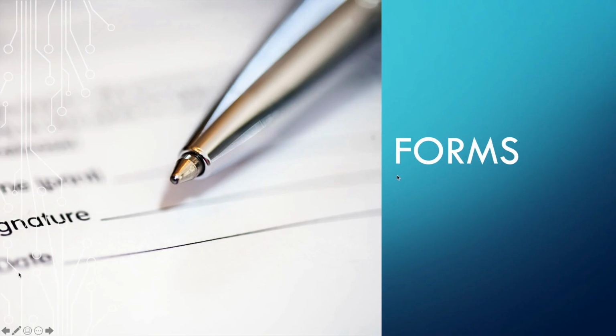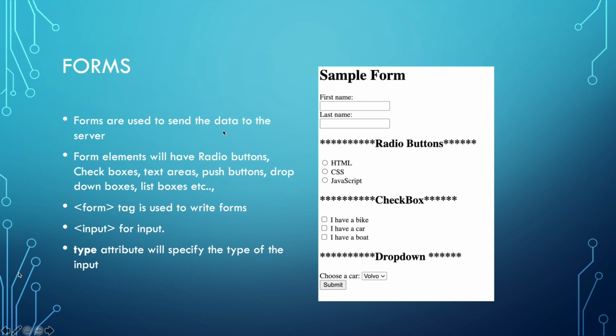About forms. Forms are very important, and forms are used to send data to the server. We have seen a lot of examples in real time. When you're trying to register for an Amazon account or for Facebook, you enter your email address, first name and phone number, so that you can register your profile.